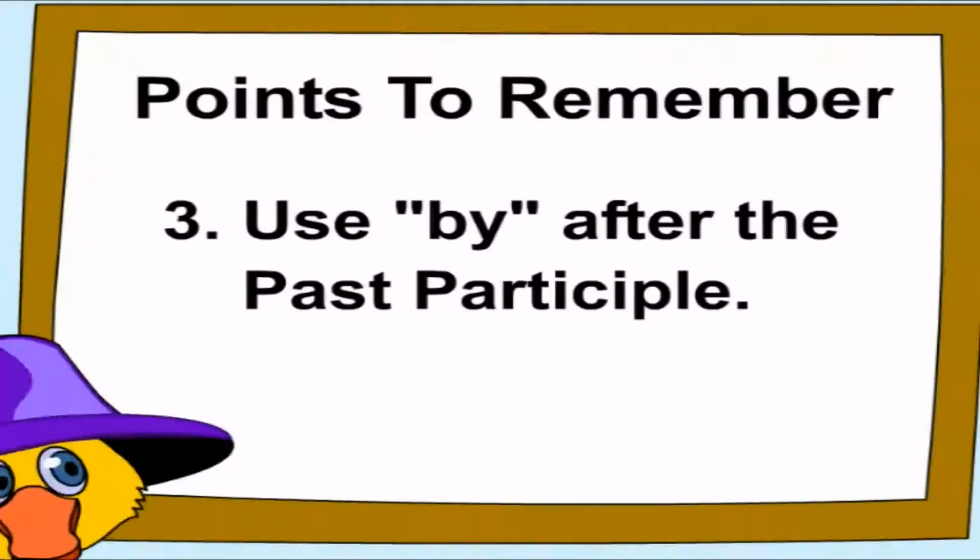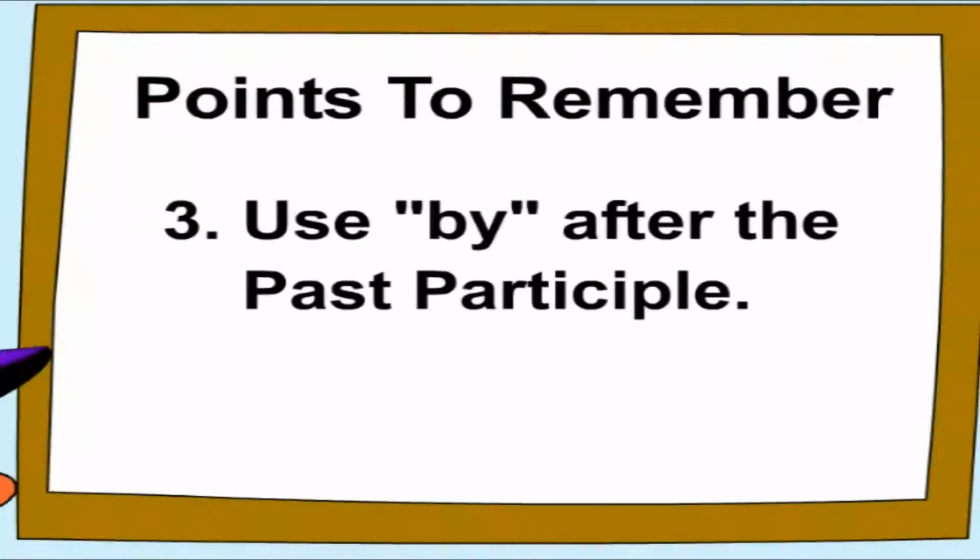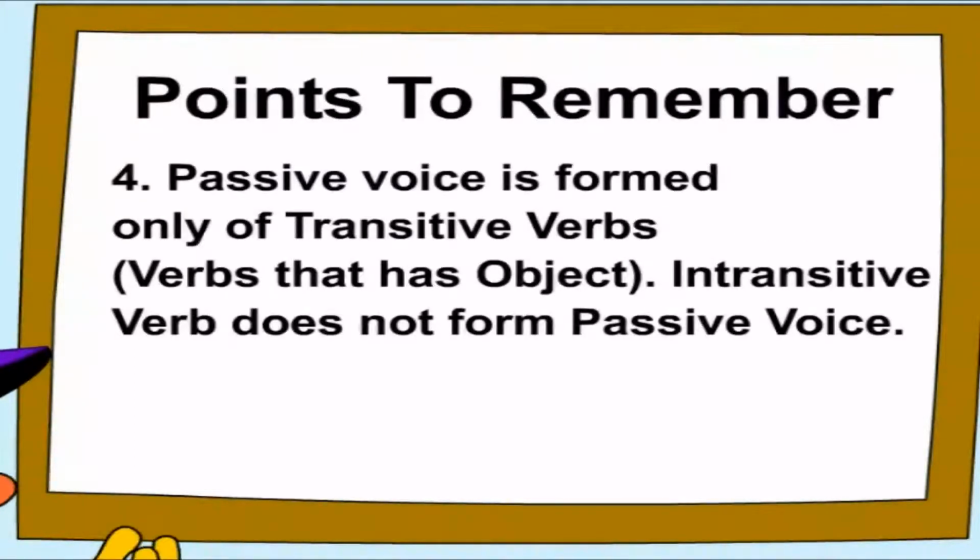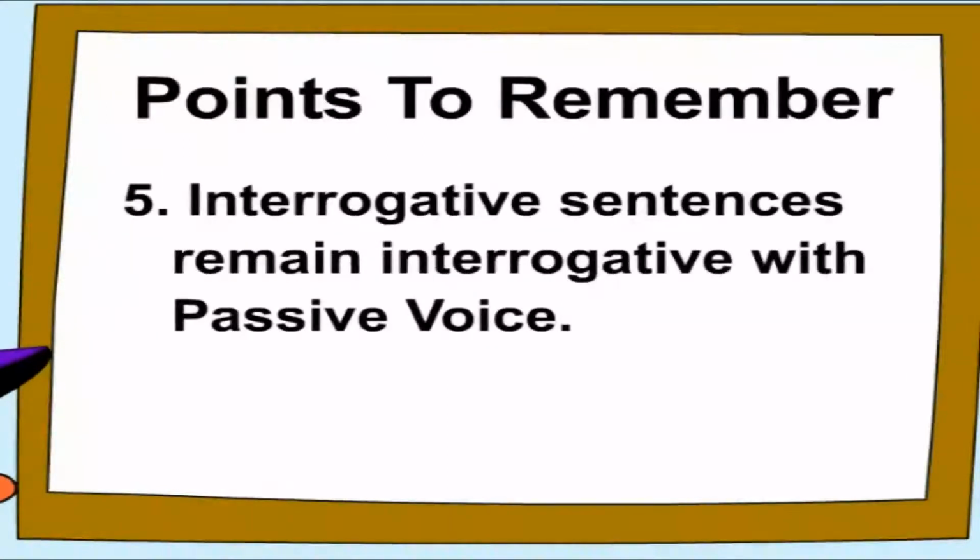Use by after the past participle. 4. Passive voice is formed only of transitive verbs, verbs that have an object. Intransitive verbs do not form passive voice. 5. Interrogative sentences remain interrogative with passive voice.